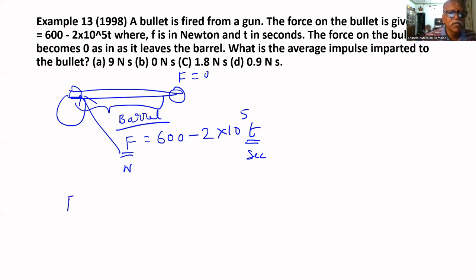We know that F equal to dP by dt. If you ask for the impulse, we have to find the change in momentum.